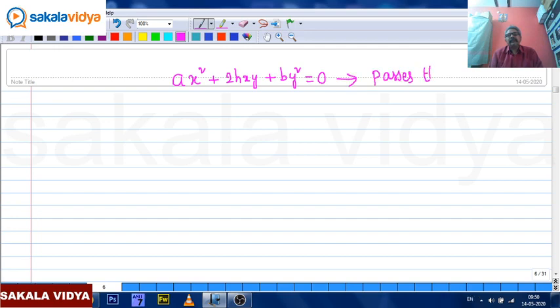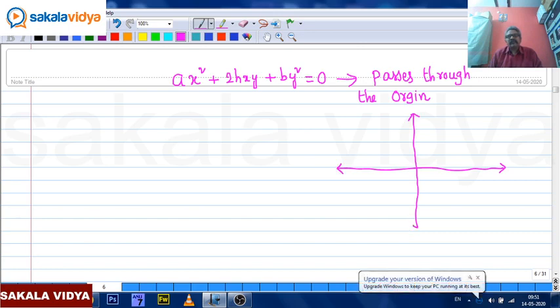This is the homogeneous equation. That means the figure you will get is like this. For example, these are the coordinate axes, and this is the origin.